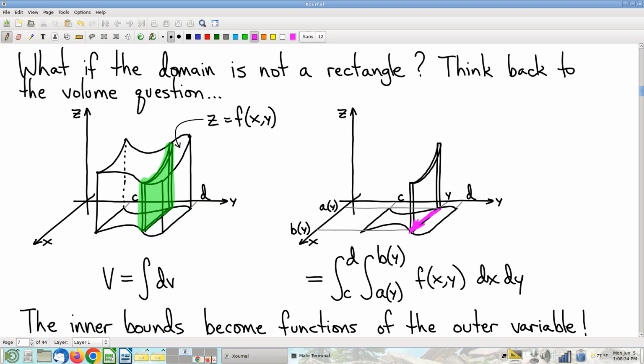So the green integral, you might say, the dy integral, the outside integral, is in the y direction, and computing the cross-sectional area integral is in the x direction. That's exactly like before.